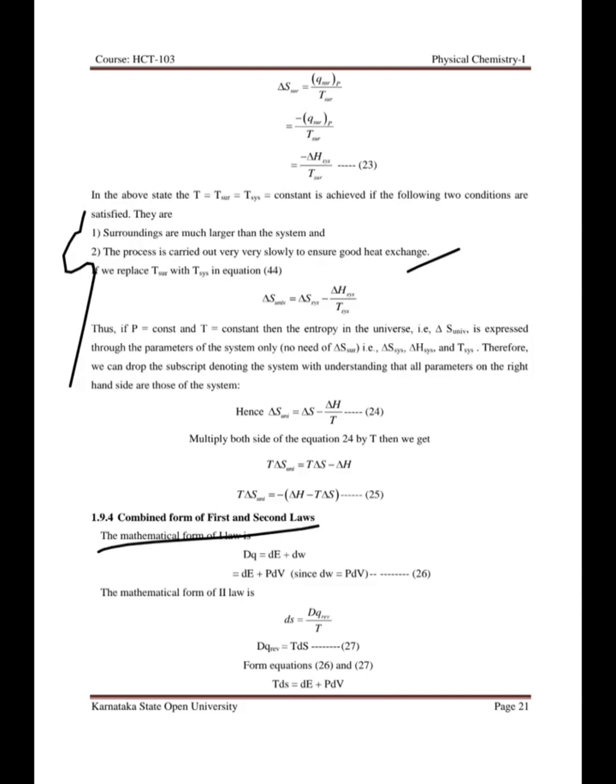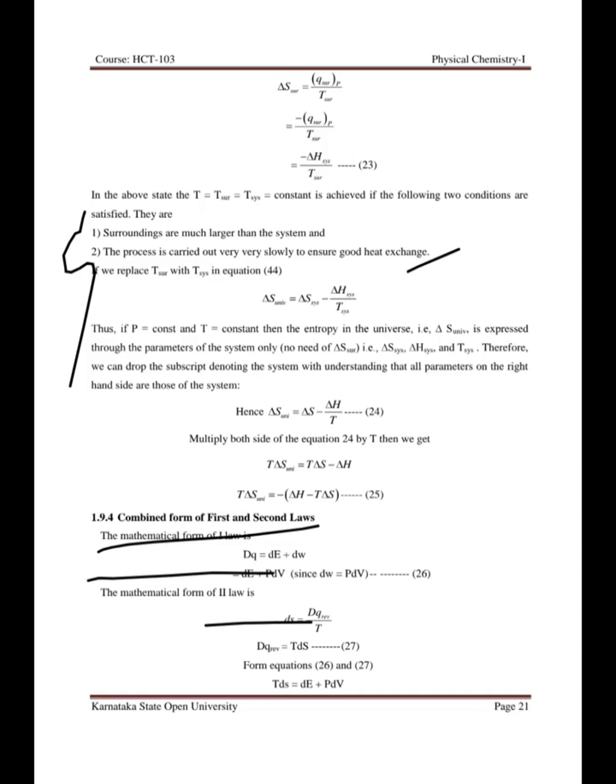From the mathematical expression of the first law of thermodynamics, dq is equal to dE plus dw. That is the first law of thermodynamics. And from the second law of thermodynamics, delta S is equal to dq divided by temperature.